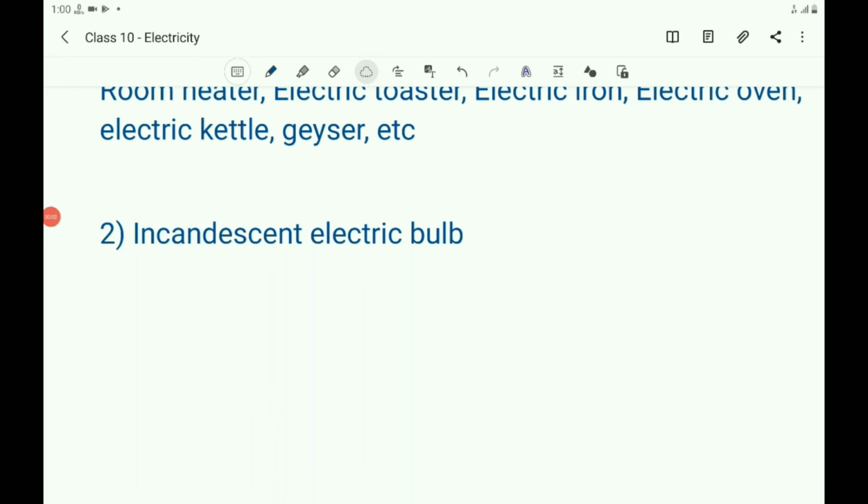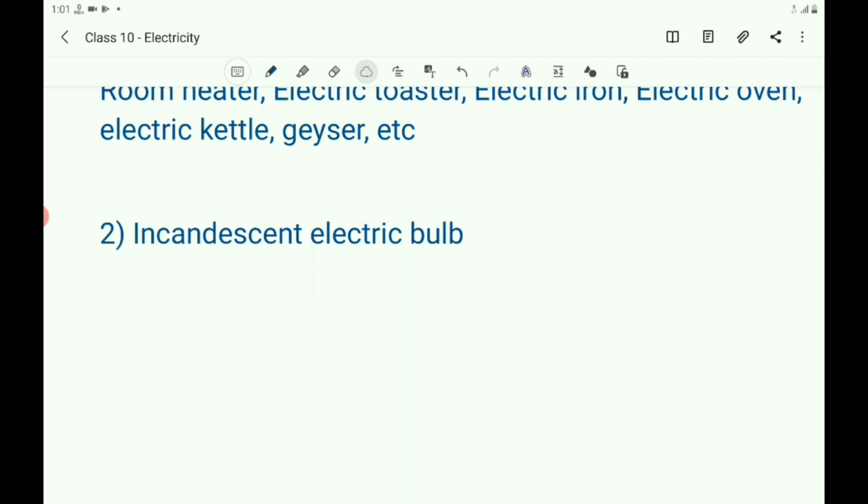The second important application of the Joule heating effect is the incandescent electric bulb. The electric heating is also used to produce light as in an electric bulb, which is called an incandescent electric bulb. Here the filament must retain as much of the heat generated as possible.